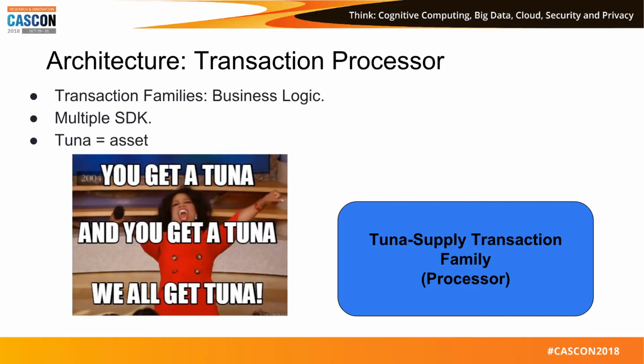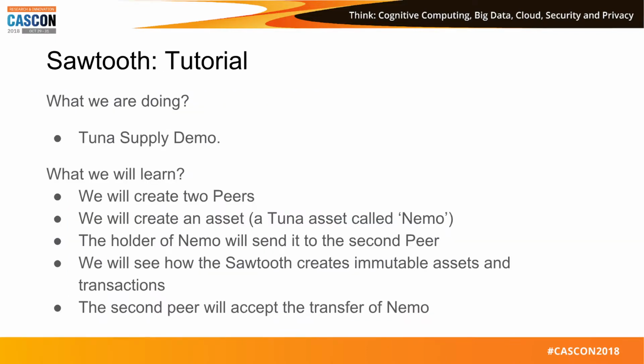Okay, well, we talked a little bit about Sawtooth, about Hyperledger, about architecture, and about the components of Sawtooth. So let's start with a tutorial. I don't want to jump around between displays and then go to the presentation.